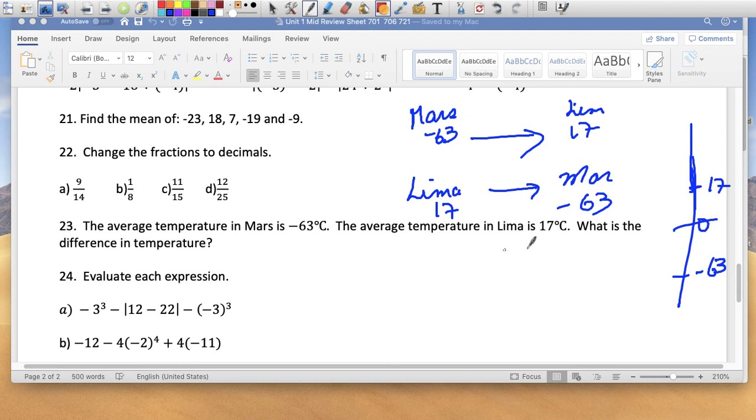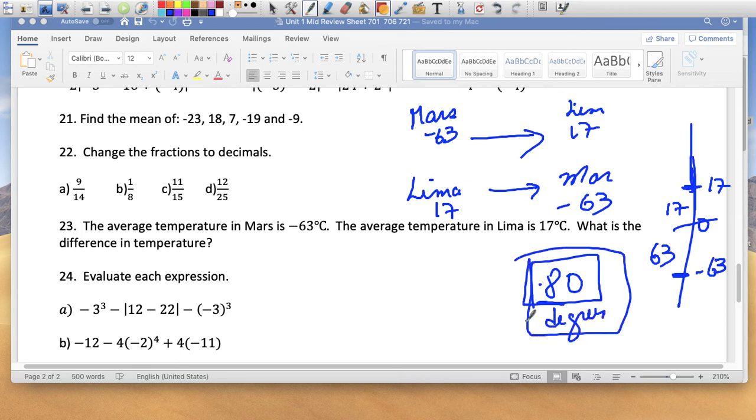I'd rather say, what is the change in temperature if you had gone from one to the other? But the change in temperature, regardless, is no different like the distance. What's the distance between these 2 points? One underground, one above ground. So again, the absolute value here, the distance is 63. The distance here is 17. So the total distance or the total change is 80 degrees. So the difference in temperature is 80 degrees. So I guess I'll write the difference in temperature is 80 degrees. Okay.